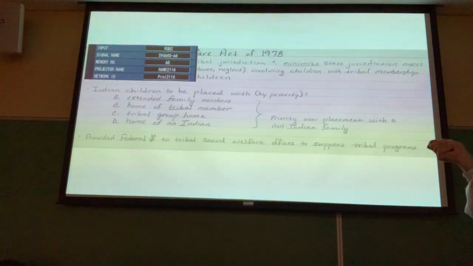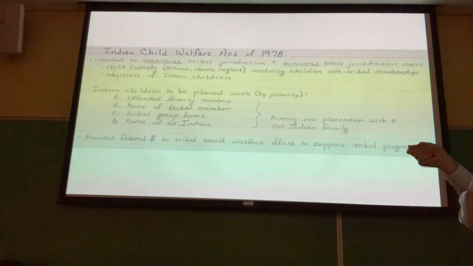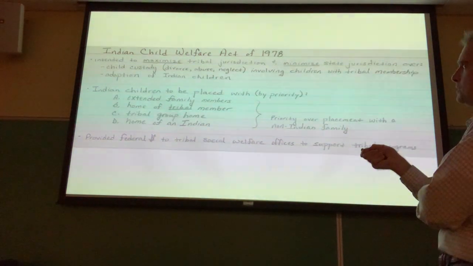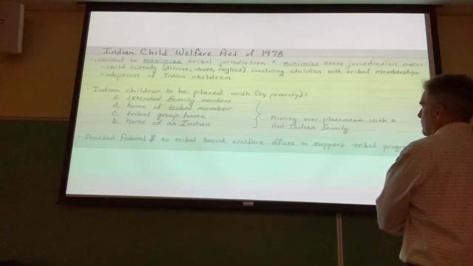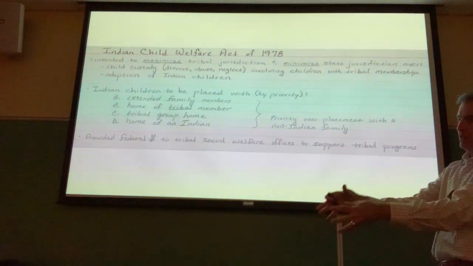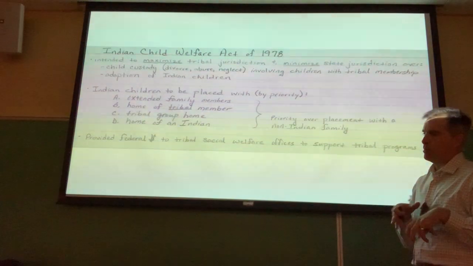So what this particular law did was it sought to maximize tribal jurisdiction and minimize state jurisdiction over child custody, things like divorce, abuse, and neglect, in which children are taken away from their parents or separated from one parent.